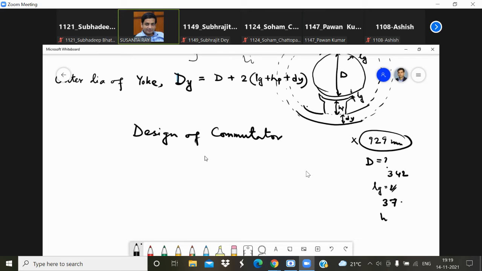And what is the pole height? HPC is 250, no? Sir, around 250, sir. Can the pole height ever be 250?